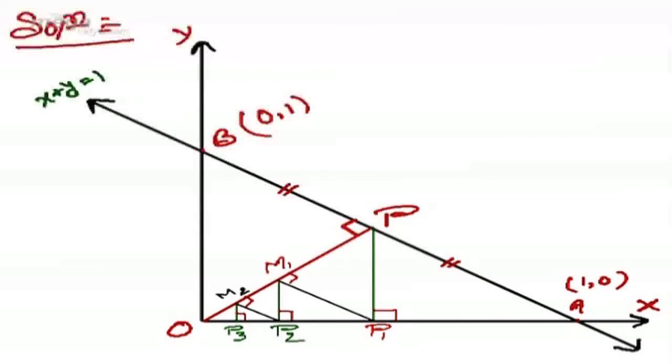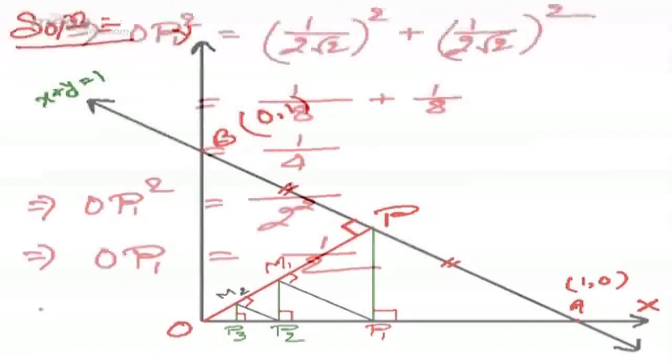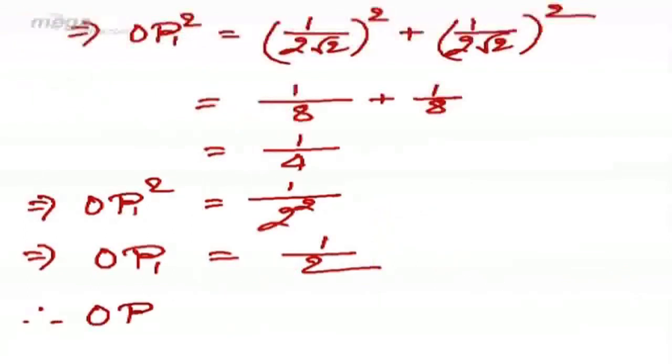It means OP2 becomes half of OP1, and OP3 becomes half of OP2, so it is moving on. OP1 is half into OA.